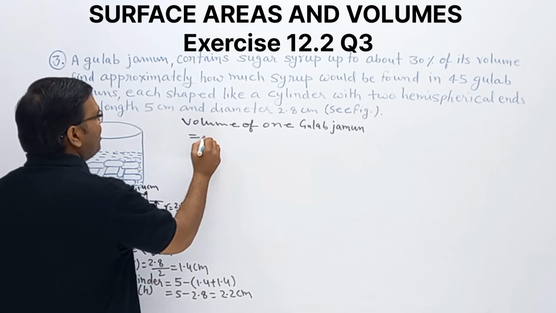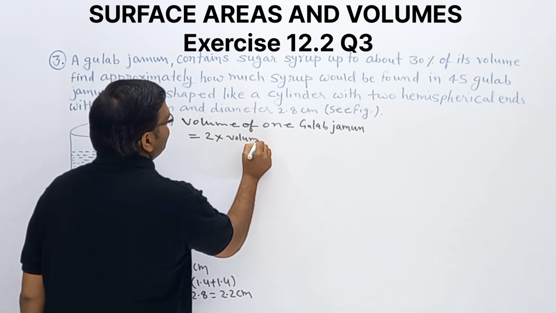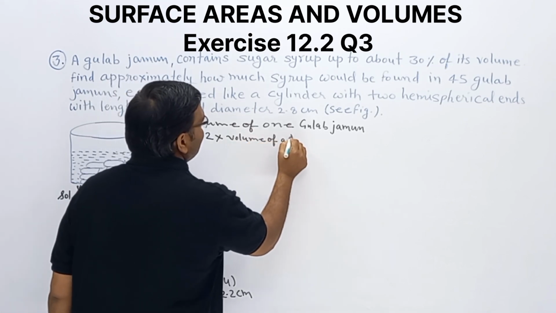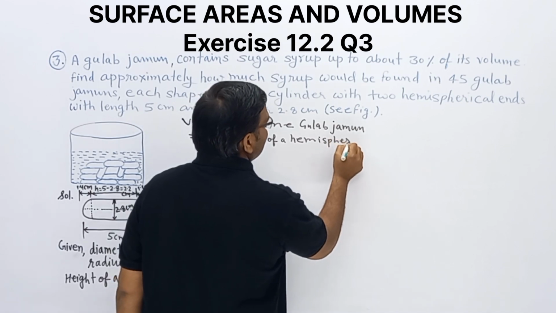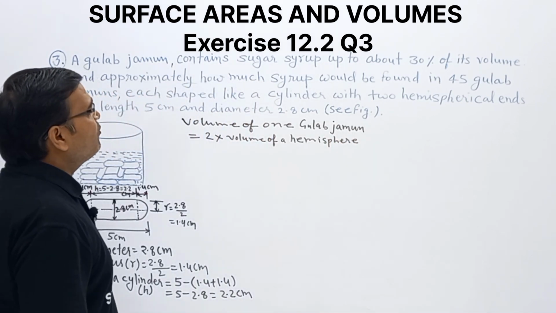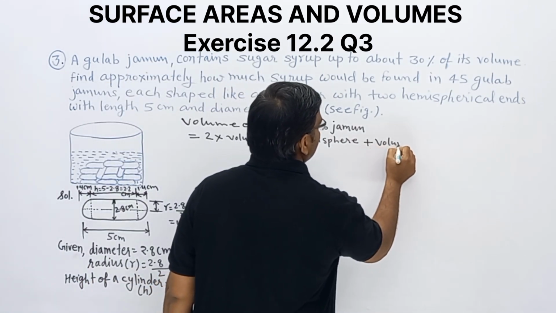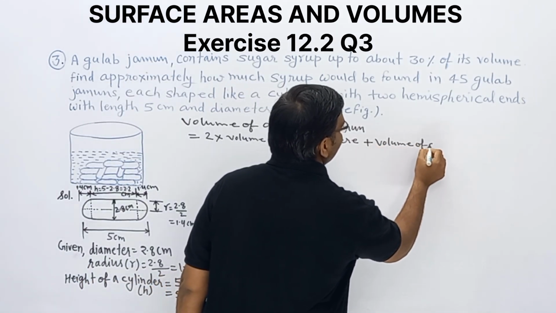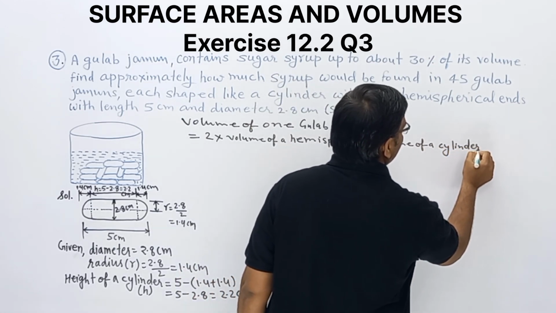So we can say it is 2 times the volume of a hemisphere plus the volume of a cylinder.